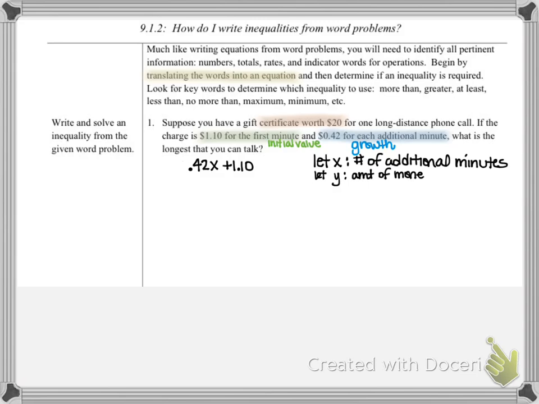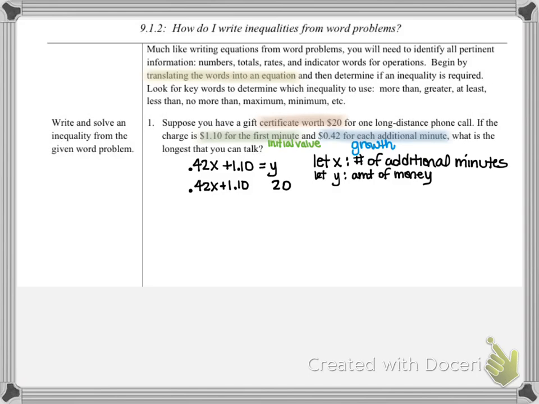It looks like I got rid of the y at the end of the money, so let's put that back. So I think I want to do y over here. Not that it matters, you can put it on the left or the right. But basically, if the 0.42x plus 1.10 represents the total amount of time and money, then I would expect this to be 20 on the other side where the y is, because that's the amount of money that I'm allowed to spend.